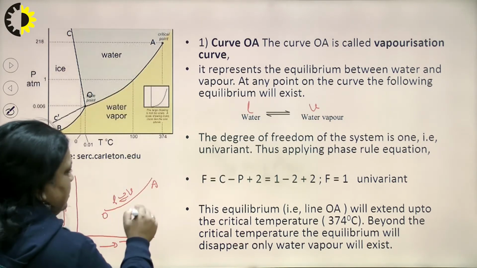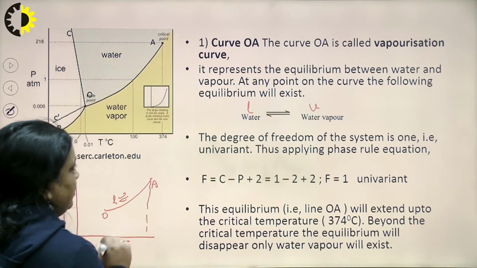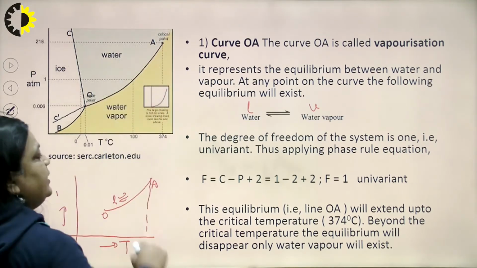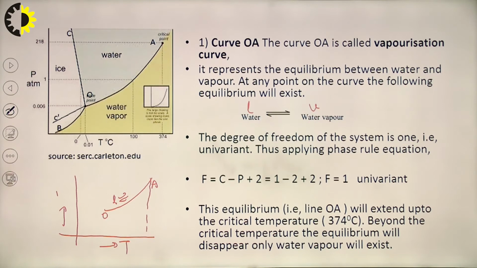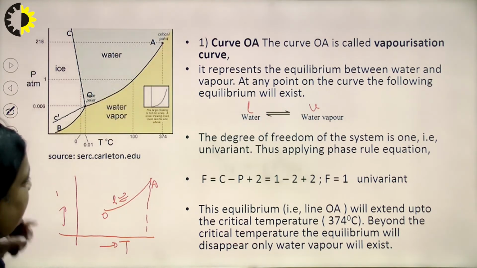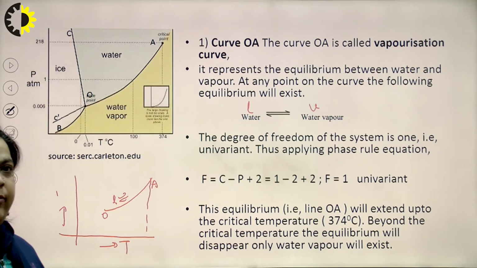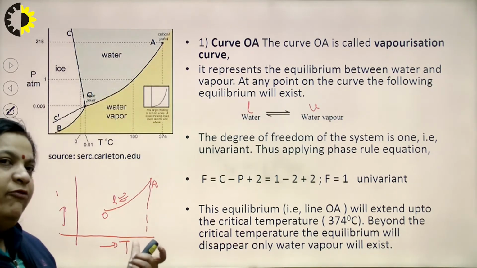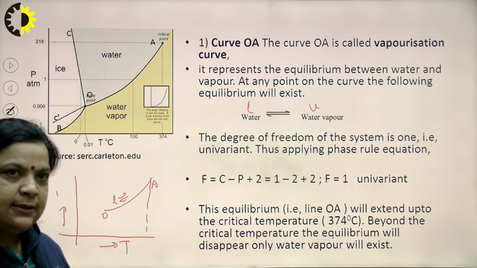This point is called the critical point, which is approximately 374 degrees centigrade, and beyond this temperature the equilibrium will disappear and only water vapor will exist.